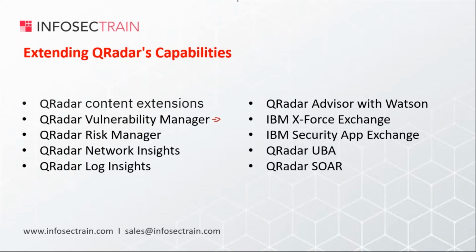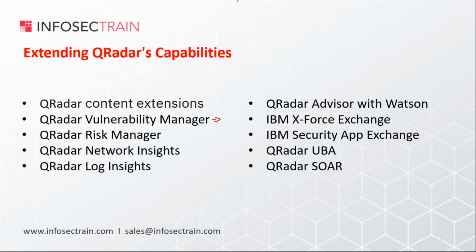By default, QRadar Vulnerability Manager does have a vulnerability scanning tool, that is OpenVAS, which is one of the most prominent open source vulnerability scanning tools. But later you can integrate this vulnerability manager with your commercial license tool in your environment, like Nessus or Qualys Guard. It does provide you lots of information about your assets.